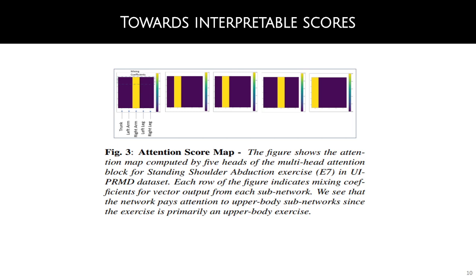In the figure, we see that the patient is performing a standing shoulder abduction, which is an upper limb exercise, and by observing the attention maps closely, we see that the network is indeed paying attention to the upper limbs and trunk for predicting the assessment score. We believe that this is just a start towards bringing interpretability of the assessment score, and that our work will motivate the research community to address this issue with newer ways.